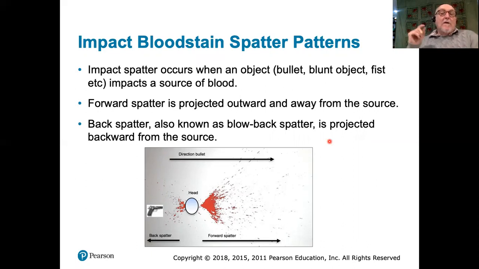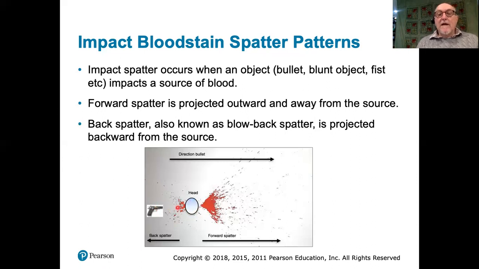Now, there are different kinds of spatter. Just because we see spatter going in one direction doesn't always imply that was the only way in which blood was traveling. This applies especially to high impact spatter, for example, a gunshot wound. This is shown here. Here would be the head of a victim.